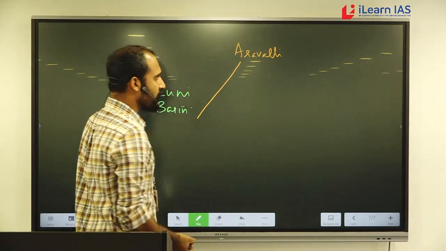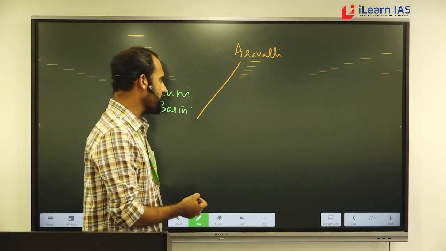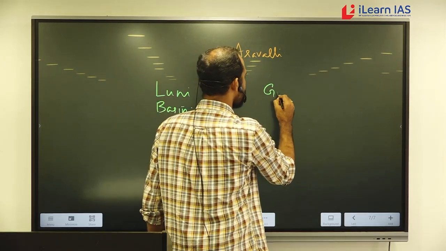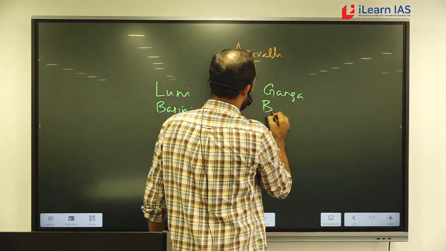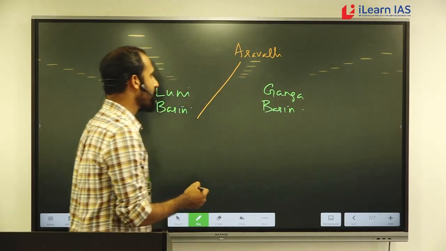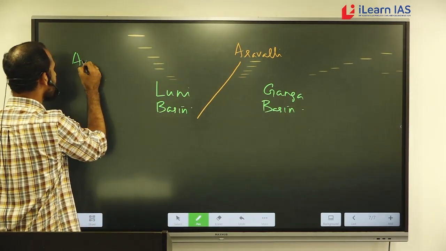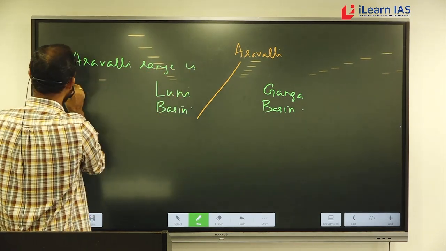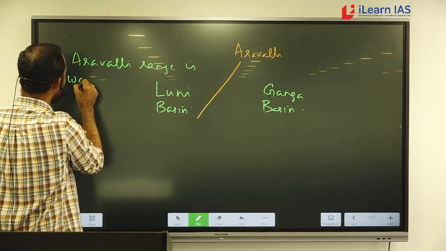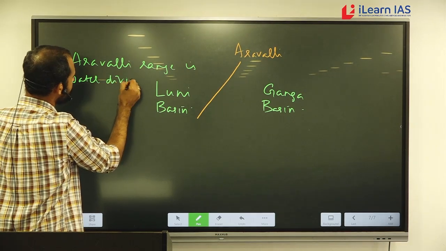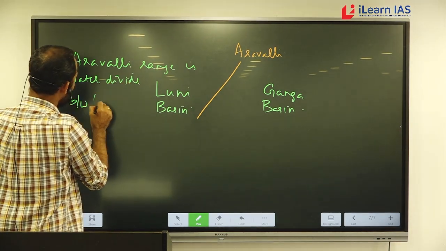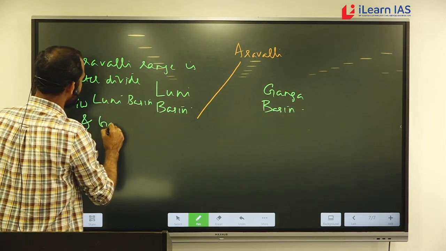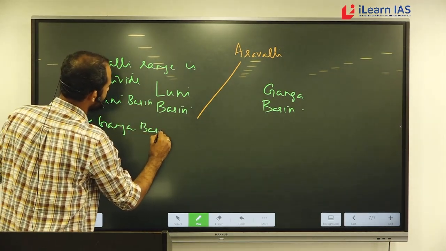And towards the eastern side, you can find the Ganga Basin. In that sense, we can say that the Aravalli range is a water divide between Luni Basin and Ganga Basin.